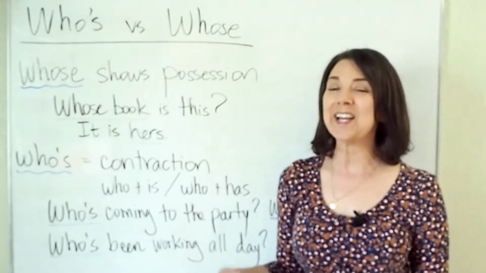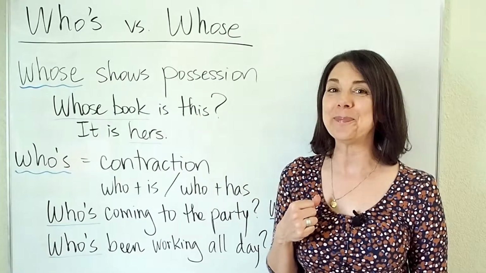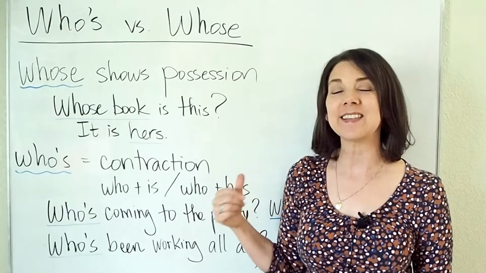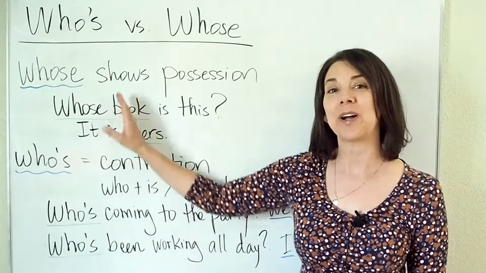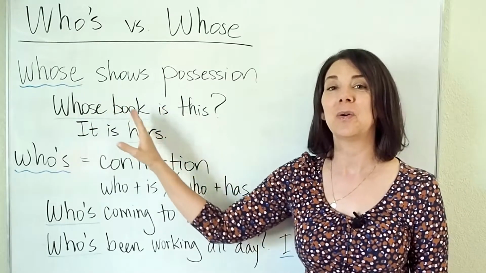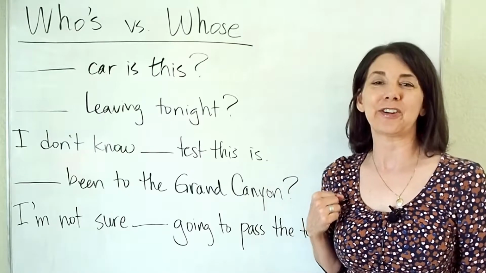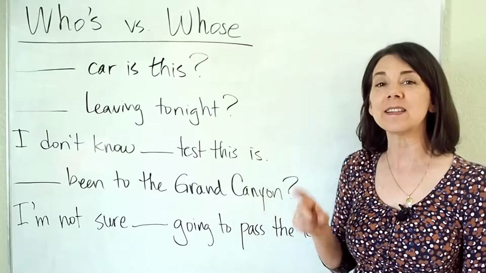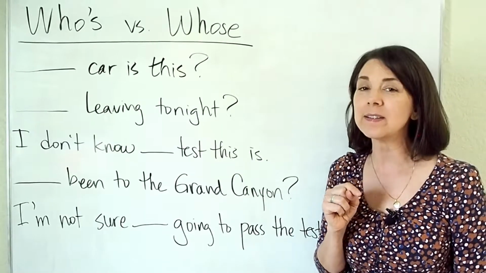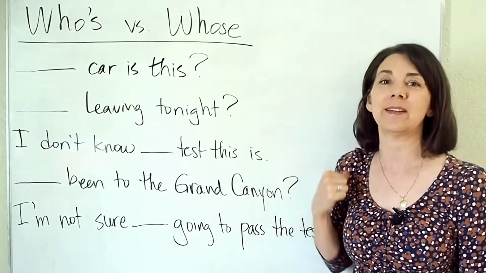So let's see if you can fill in the correct form. I'm going to show you some sentences and you're going to choose the correct one: whose for possession or who's as the contraction. So let's practice by filling in the correct form. Take a look at these sentences, give this video a quick pause, fill in your answers, and then check with me.